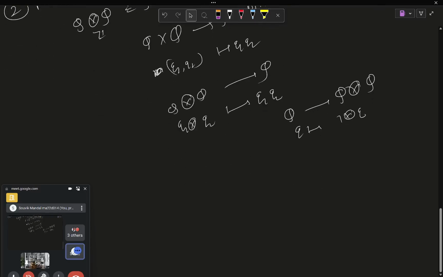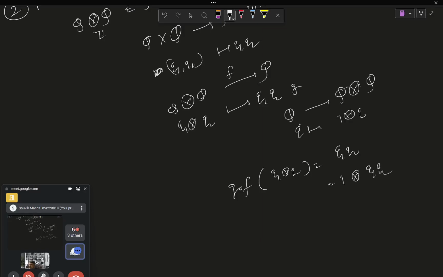Do note one thing: if we call these F and G, then what is G compose F? G compose F of q1 tensor q2 is equal to q1 q2, which is equal to 1 tensor q1 q2.